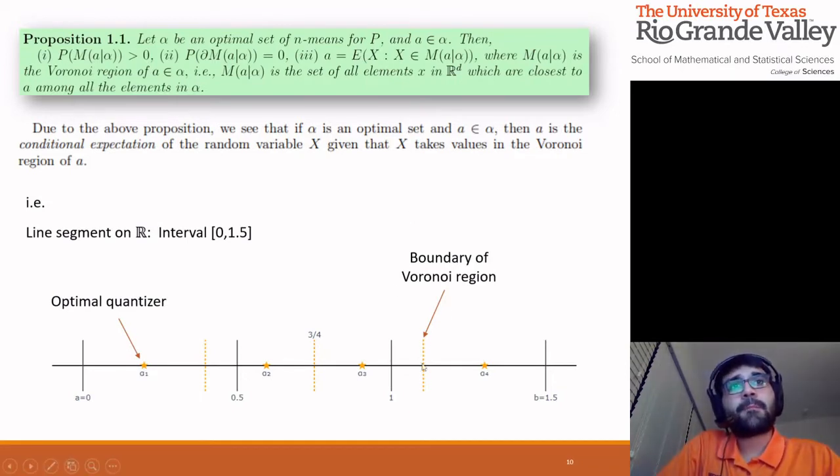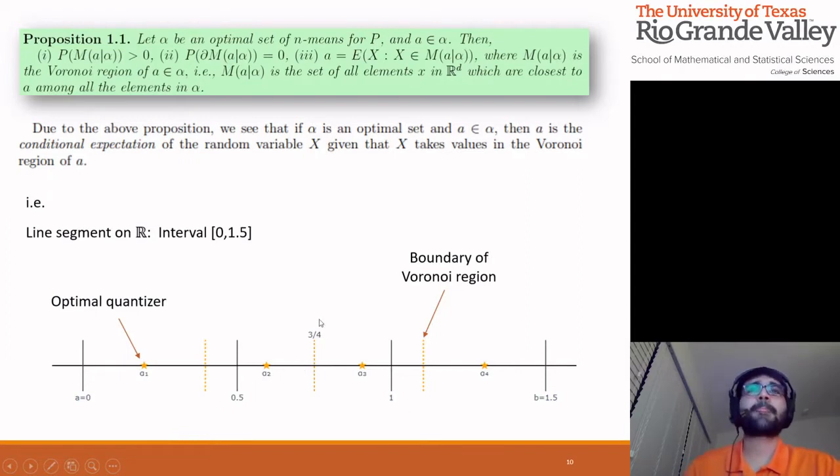I represent the boundaries of Voronoi regions as dotted lines like this. Here I'm representing some tick marks: this one right here is the point 0, and again the interval is 0 to 1.5, so 0, 0.5, 1, and 1.5. I'm marking 3/4 here because it's going to be important, and I will explain why this line is important in my research.